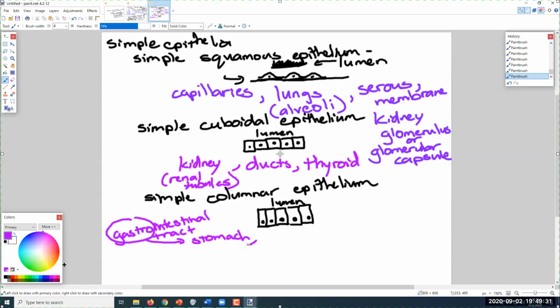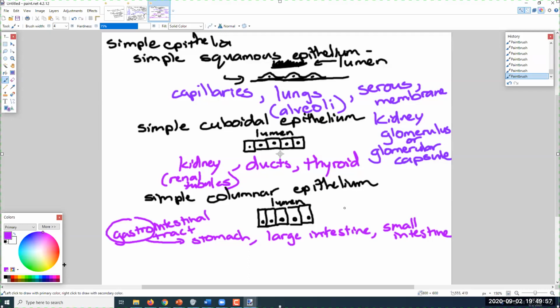In chat, show me what type of intestines do we have. What type of intestines do we have? Yeah, we have large and small. So you'll put either large intestine or small intestine. Any of those will work.